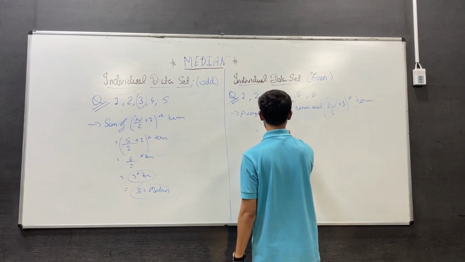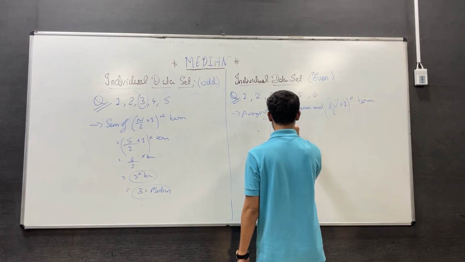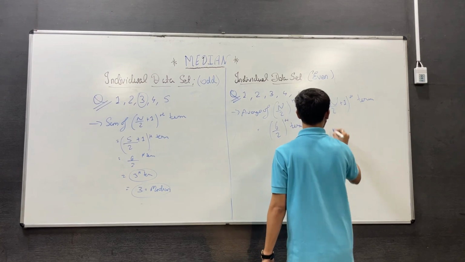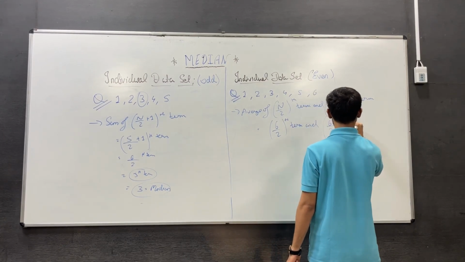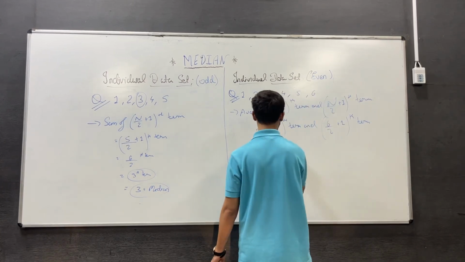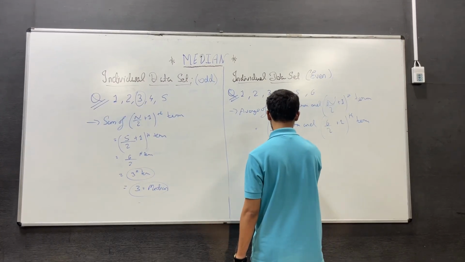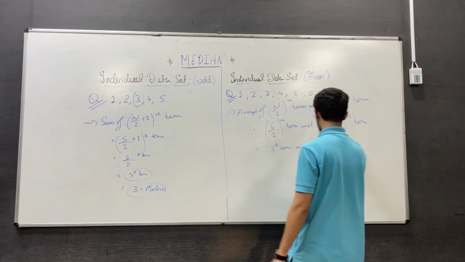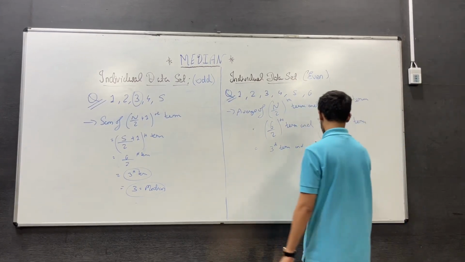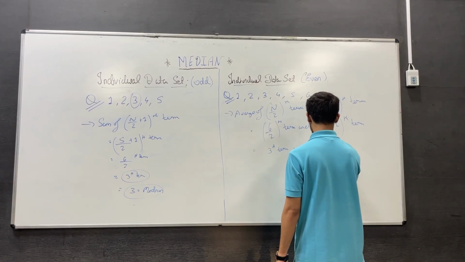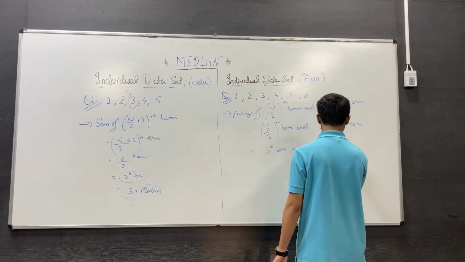So we will have the 6 by 2th term, which is the third term, and the 6 by 2 plus 1th term, which is the fourth term.